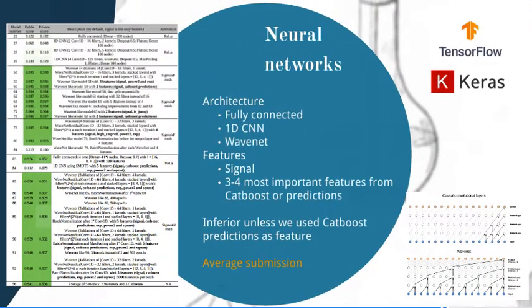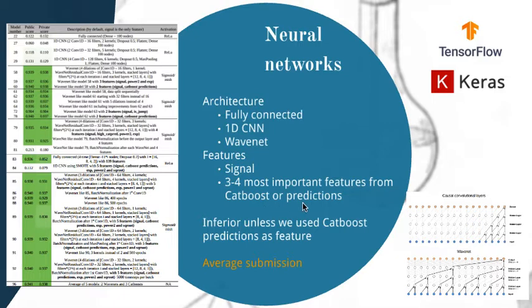In short, the features that we used were that at first we started off with only the signal, and then we took the 3 or 4 most important features that we found that they were important thanks to CatBoost. That has a feature importance parameter.